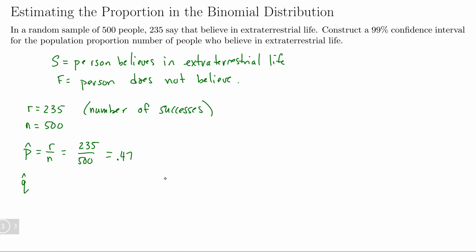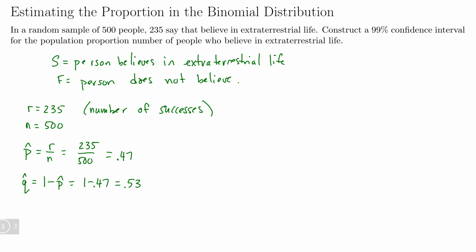Now we need to calculate q hat, which is calculated the same way that q is calculated. q hat will just be 1 minus p hat. So we have 1 minus 0.47, which is 0.53.